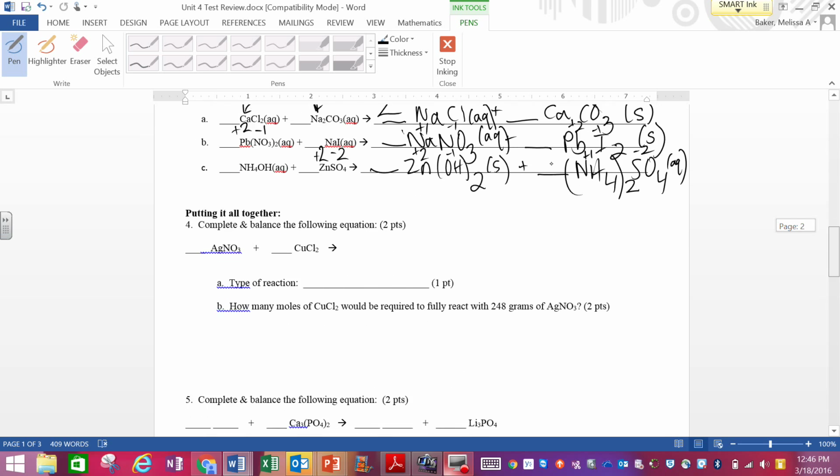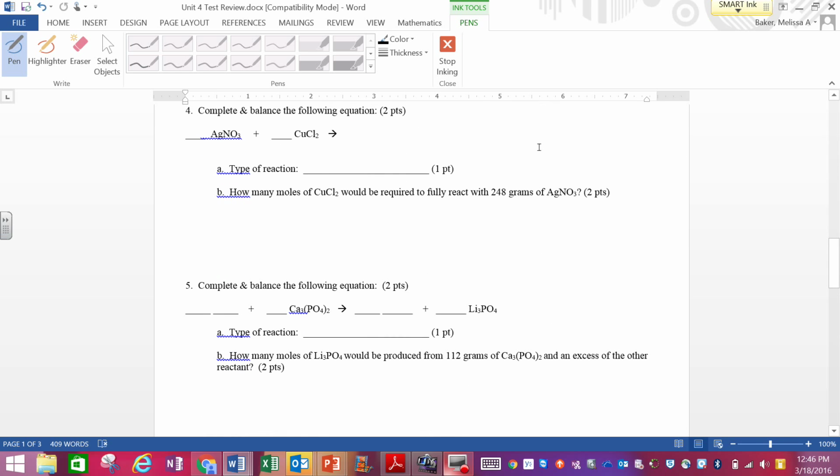All right, we're getting into some stoichiometry. First, we have to complete and balance the reaction. What charge must silver have if it's canceling out a -1 nitrate? It must have a +1. What charge must copper have if it's canceling out 2 -1 chlorines? It must have a +2 charge.